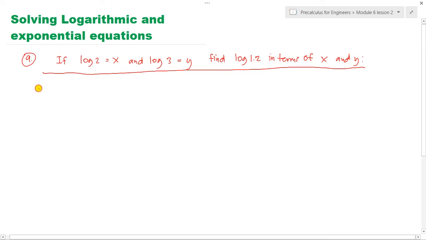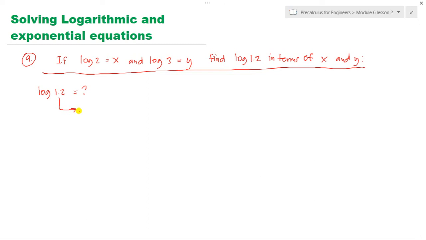So, gihatag man ta the log of 1.2. Okay, to the base of 10 na siya. We don't know. But kaning 1.2 class, we can rewrite this. Diba? Ang 1.2 kay unsa man na siya? Ang 1.2 kay kung ato na siya ikuan, that is 6 divided by 5.